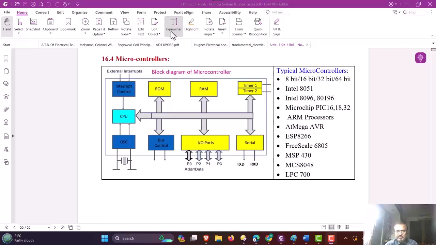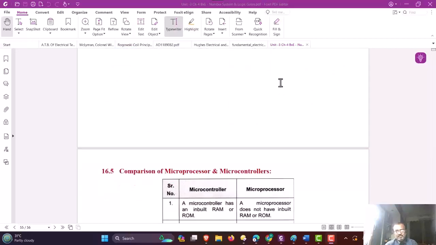Likewise, there are many companies that provide various microcontrollers for different applications. Microcontrollers are basically dedicated to a particular range of applications.